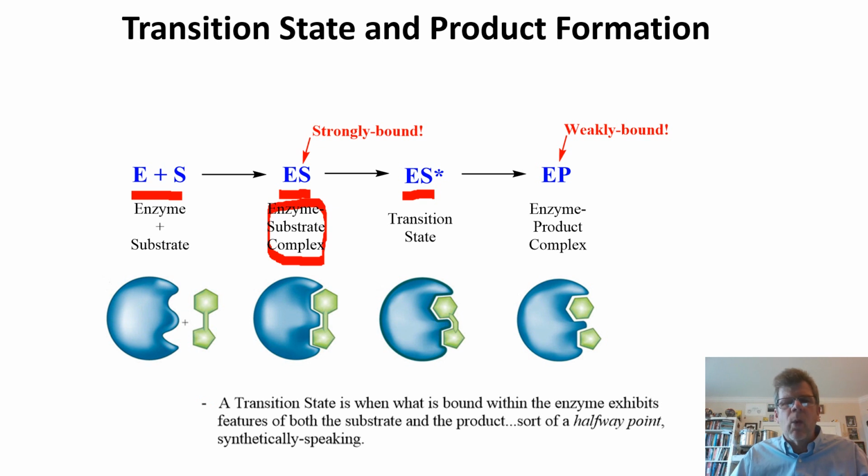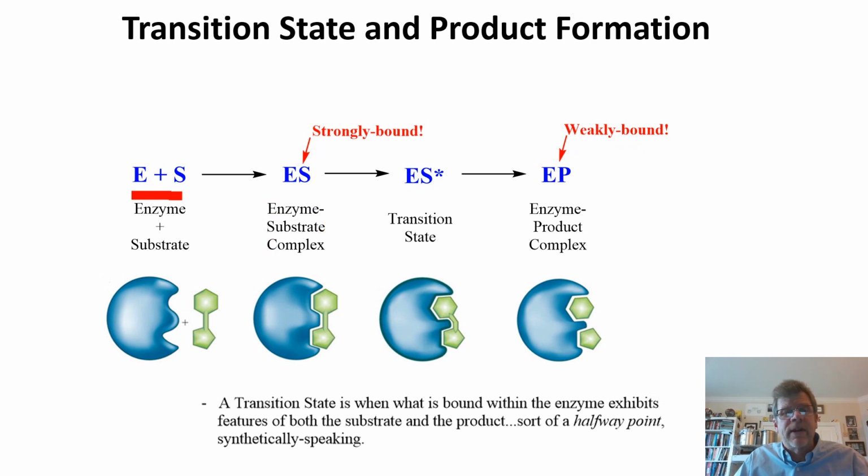Importantly, whereas the enzyme-substrate complex needed to be strongly bound, the enzyme-product complex must be weakly bound. It must be. If that product was strongly bound within that enzyme's binding site, that binding site would never get freed up to spit out the product.